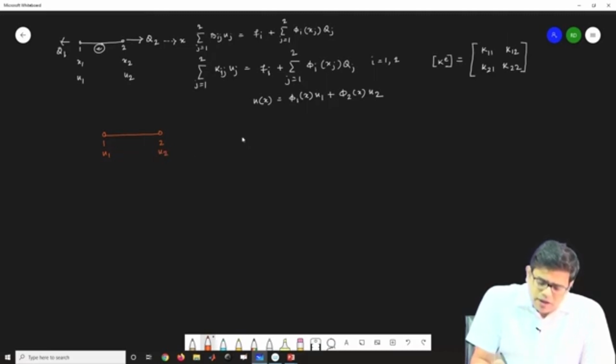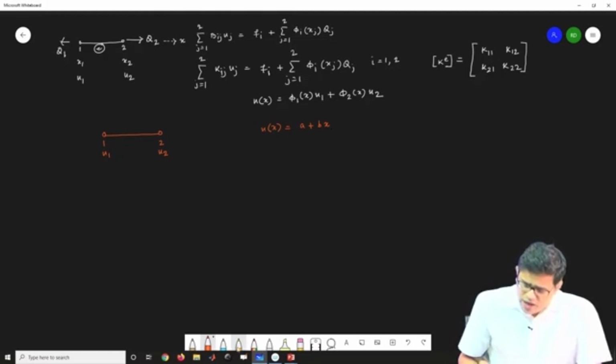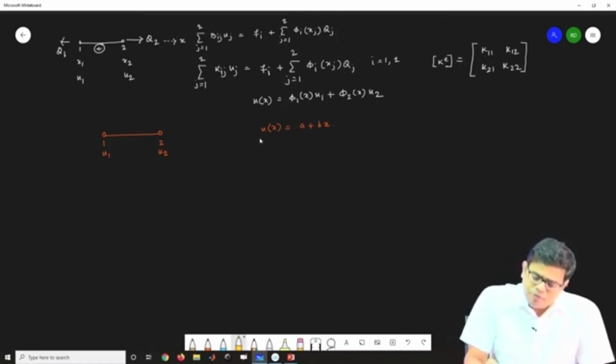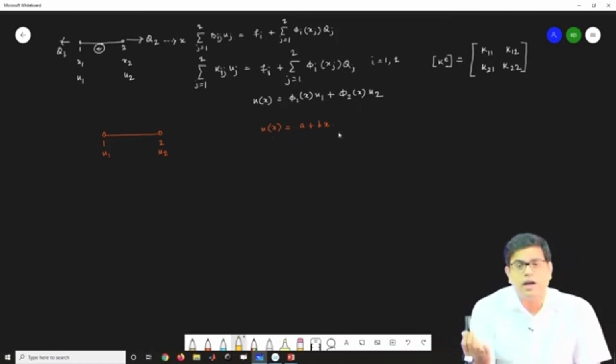Let us assume with a simple approximation that u varies as a plus bx. This is the most common linear polynomial I can think of, and it is also complete because it contains the constant term also.